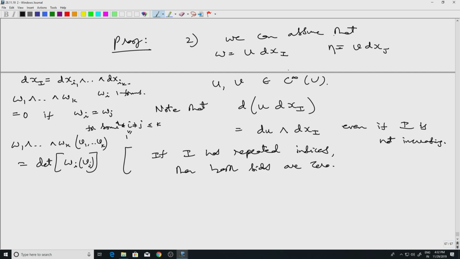The other possibility is that otherwise all indices in I are distinct, but they may not be in increasing order. Let sigma be the permutation sending I to J, where J is in increasing order.